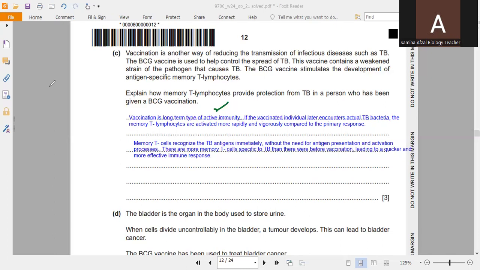Memory T lymphocytes recognize the TB antigens immediately without the need for antigen presentation and activation processes. There are more memory T cells specific to TB than there were before vaccination, leading to a quicker and more effective immune response, due to which the microorganisms are killed. So they are easily captured. In this way, the vaccination plays a very important role.